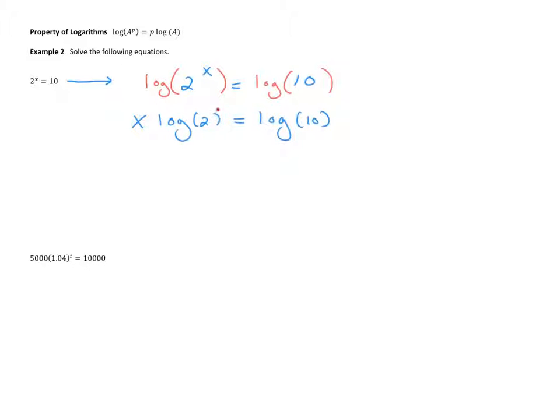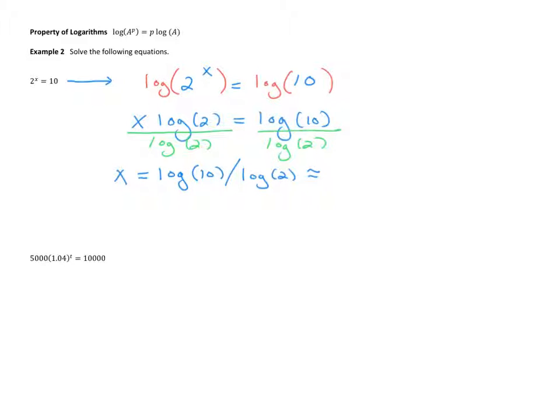You can just divide both sides by, in this case, log of 2. So I'm going to do that as my next step. Log of 2, even though it's very complicated looking, is itself just a number. And I've arrived at my exact solution. x is equal to log of 10, close parentheses, divided by log of 2.